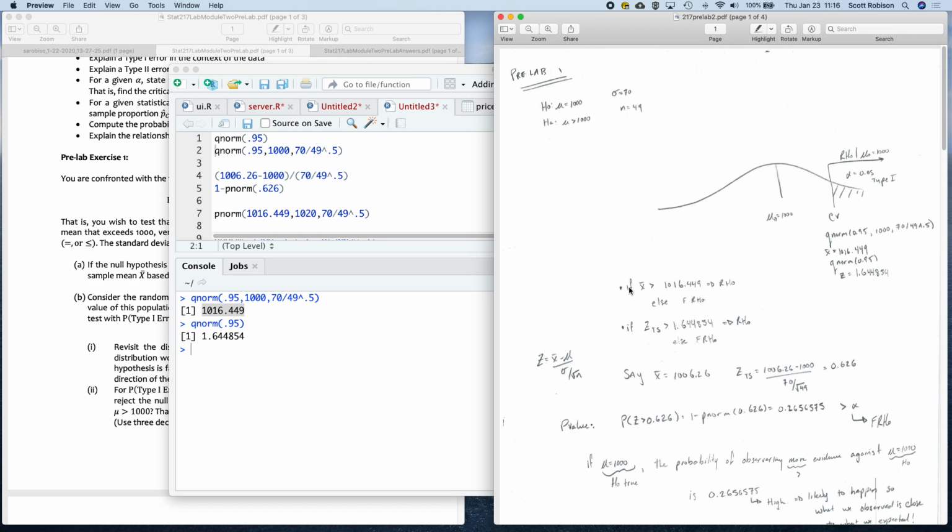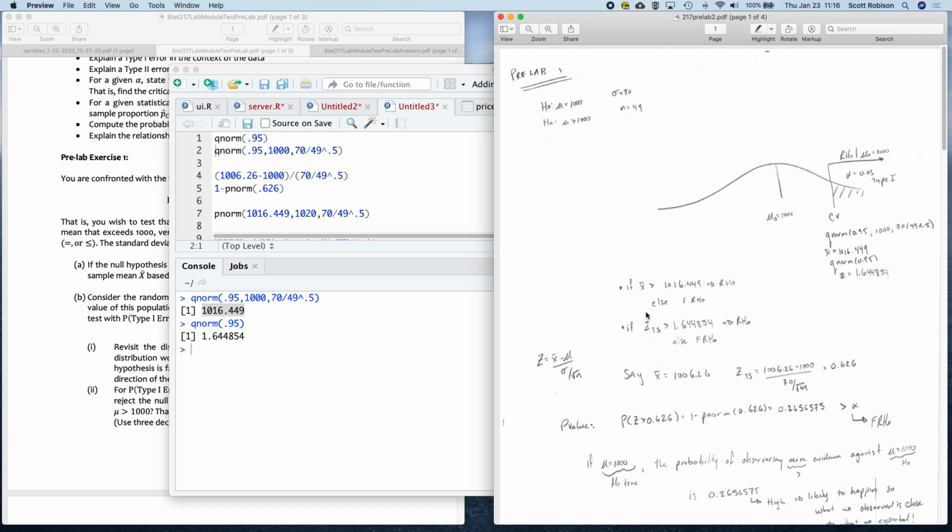So what that means is we can determine a decision rule. What this means is, if your sample mean is bigger than this value in terms of x's, which is 1,016, then you would reject the null hypothesis. You'd say, no, it looks like its number is significantly bigger than the number 1,000.